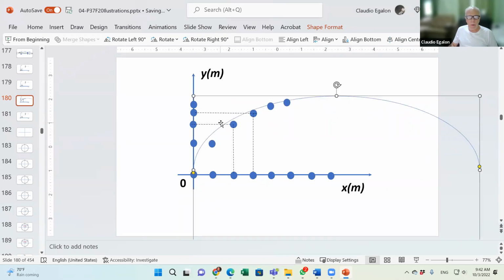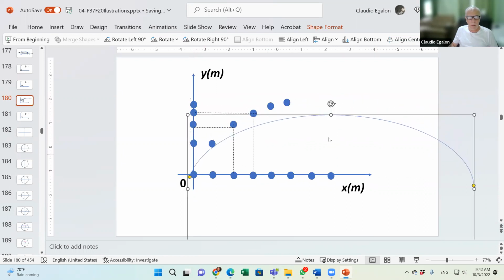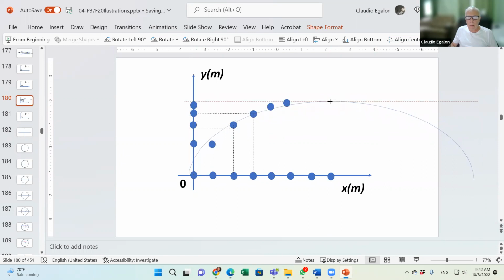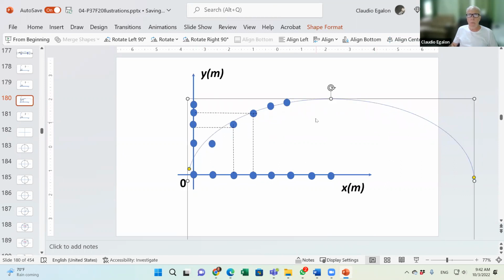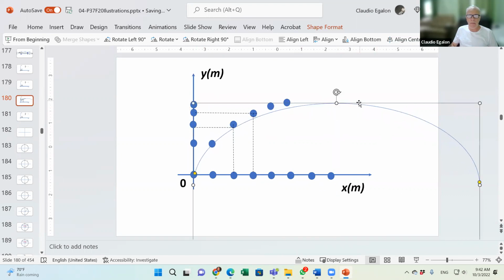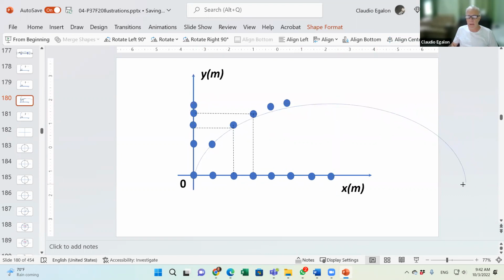So what we want to know now is the maximum height, the maximum height that the projectile reaches once we propel it with a given initial velocity.